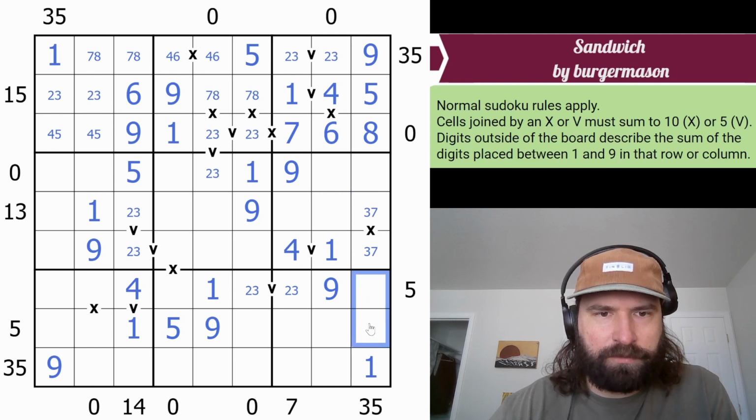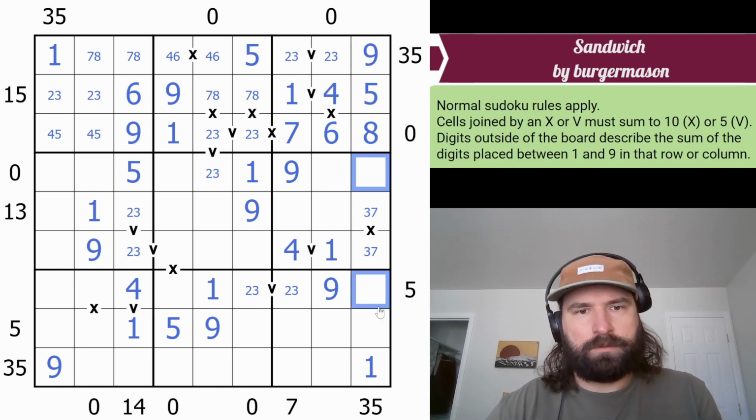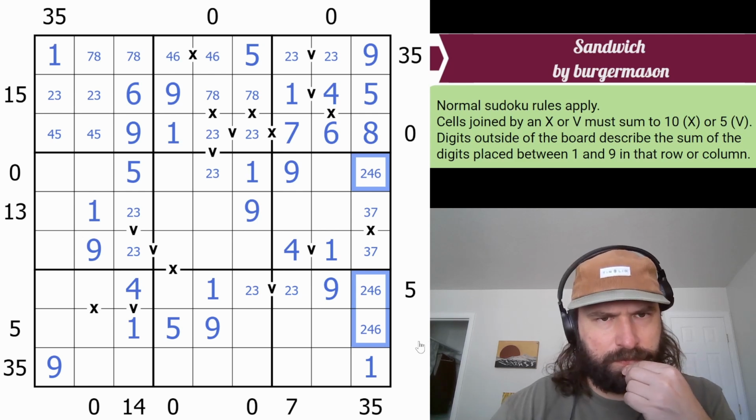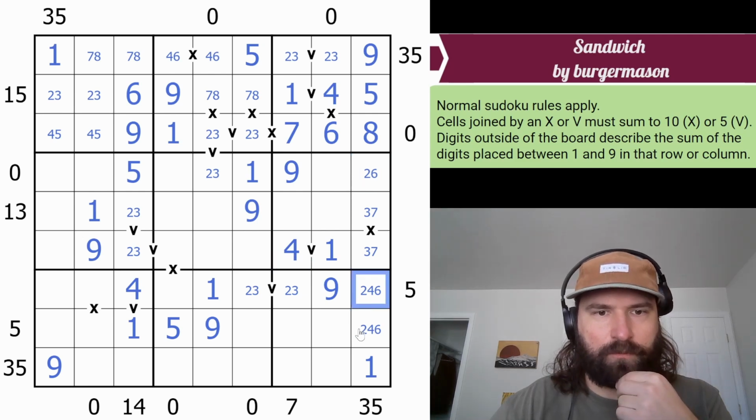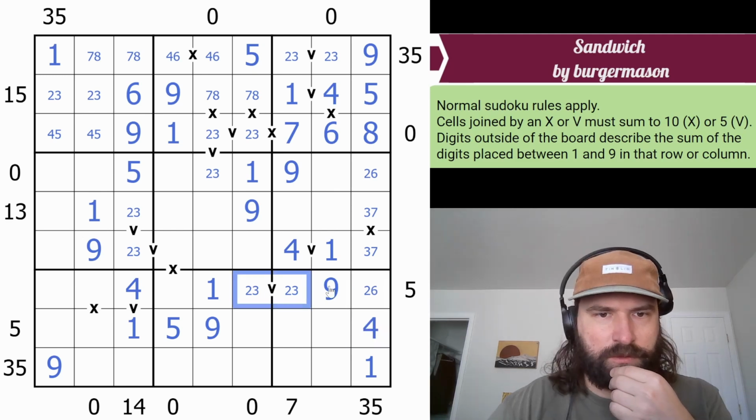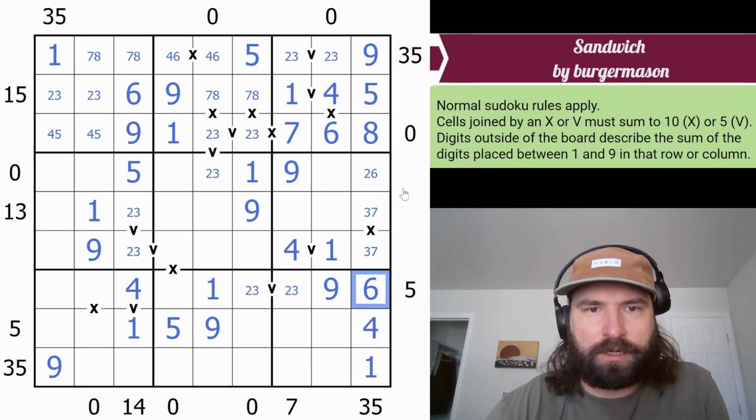Now we only have 3 numbers left in the column: 2, 4, 6. I guess I'll pencil mark that. Oh, this can't be a 4, so this is a 4. And 2's looking here, so this is a 6. Perfect. Nice.